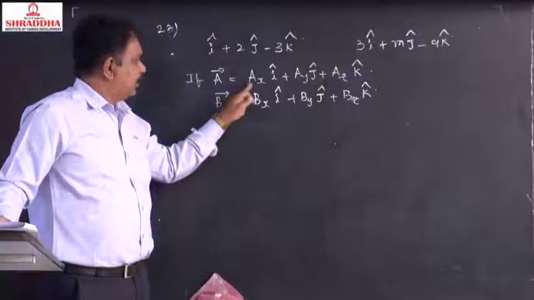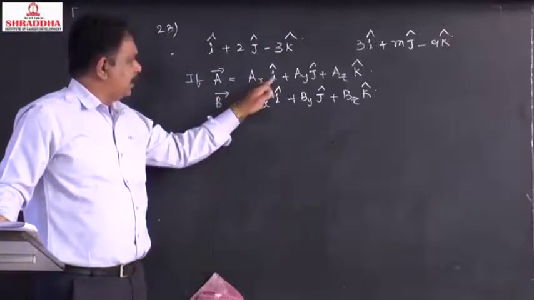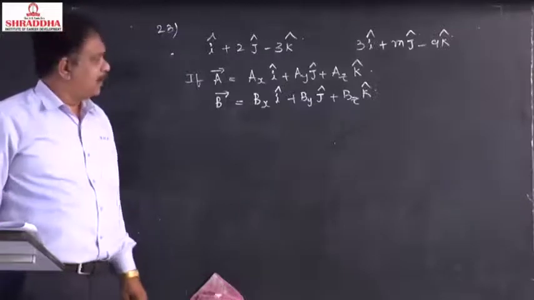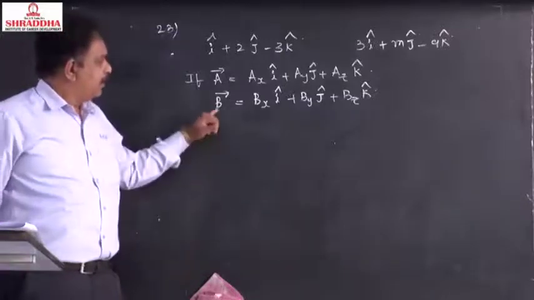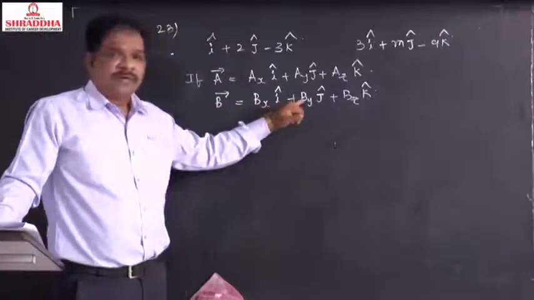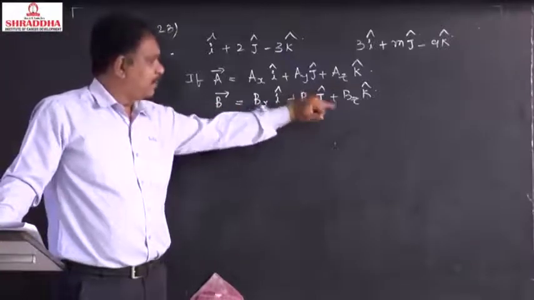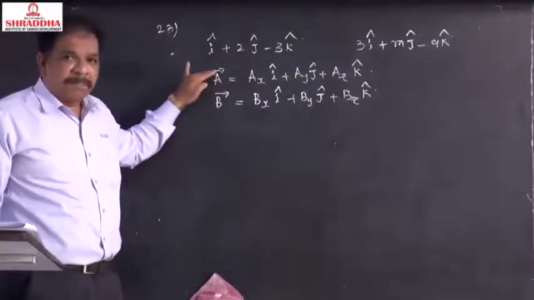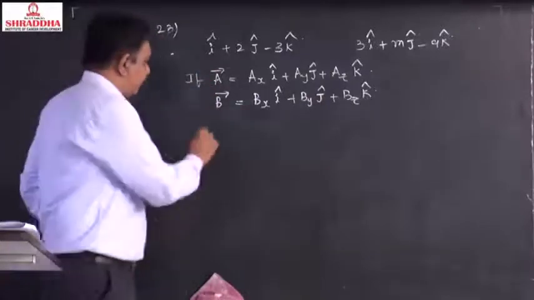We represented a bar as ax i cap plus ay j cap plus az k cap, b bar as bx i cap plus by j cap plus bz k cap, and these two are parallel.